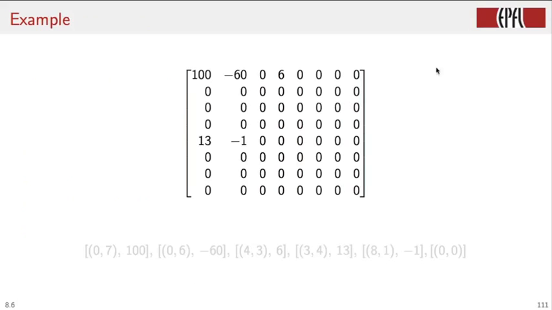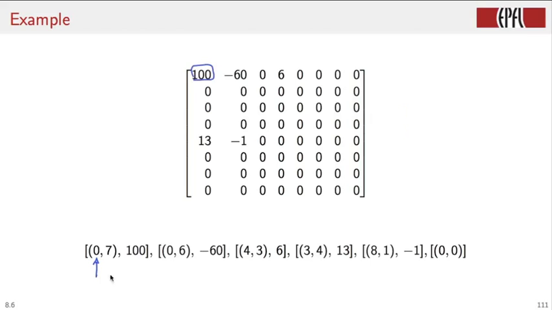So let's look at an example and assume that this is the matrix of quantized DCT coefficients. Remember, the zigzag scan proceeds in this order here, like this. We start at the first position. The number of zeros that came before is, of course, 0, because this is the first number in our string. The value of the number is 100, and so you will need 7 bits.